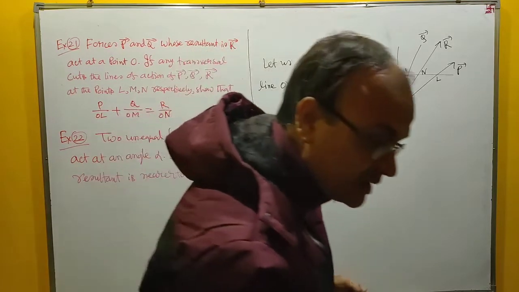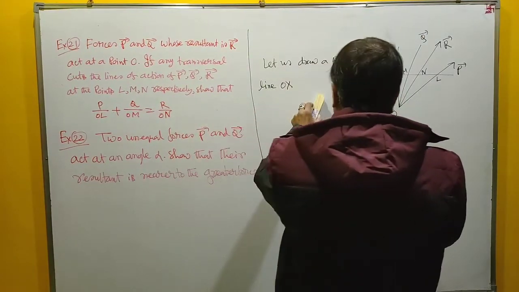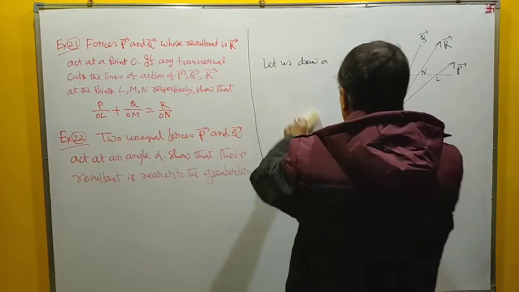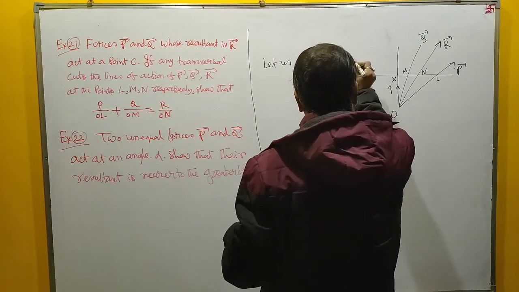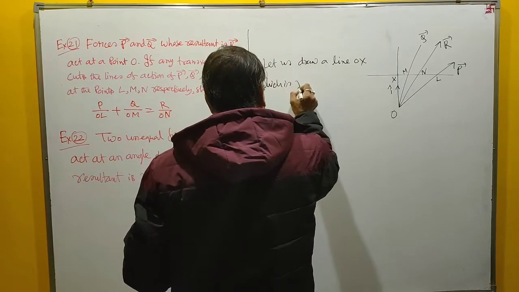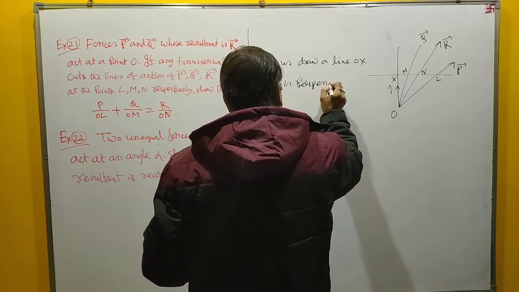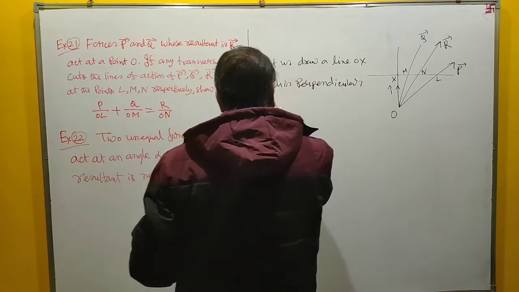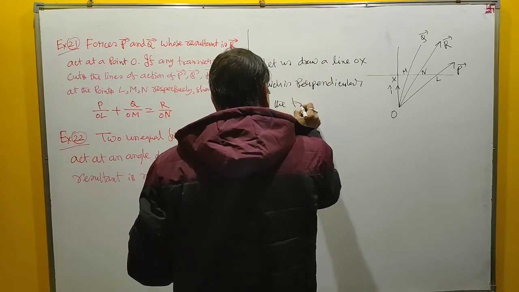Let us draw a line OX which is perpendicular to the transversal.